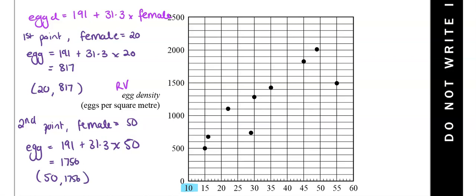Okay, so grab your calculator, find those 2 sets of values, and we can see when there are 20 female moths, we have 817 eggs. So 20 and then at just above 800, and 50, and we're coming up to 1,756, so approximately there.